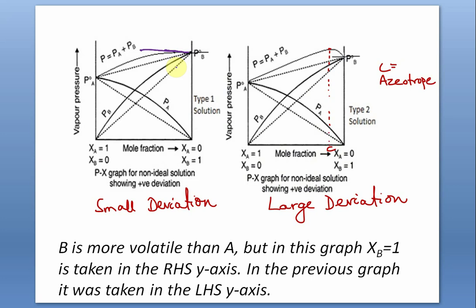In some cases in the earlier video, I have taken B, the more volatile liquid, on the left y-axis, and now I am taking it on the right y-axis. Doesn't matter. You have to connect from the origin of this point to the opposite origin, that point to the opposite origin, and connect these two maximum points and the pure liquid points to get the total pressure graph.